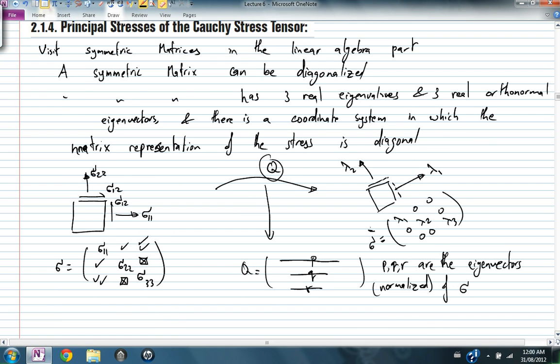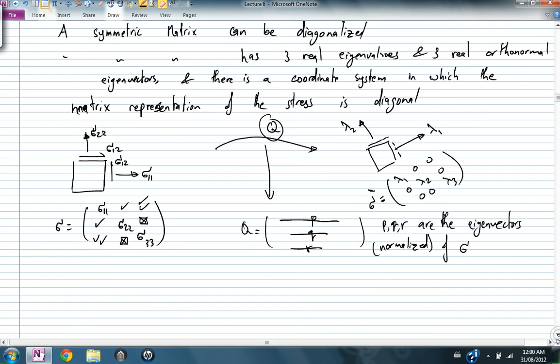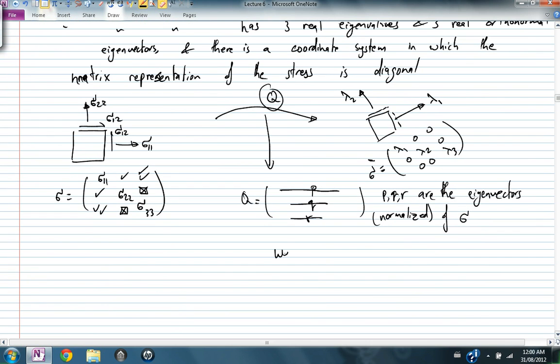Now we call these eigenvalues, lambda 1, lambda 2, lambda 3 of sigma, the principal stresses.